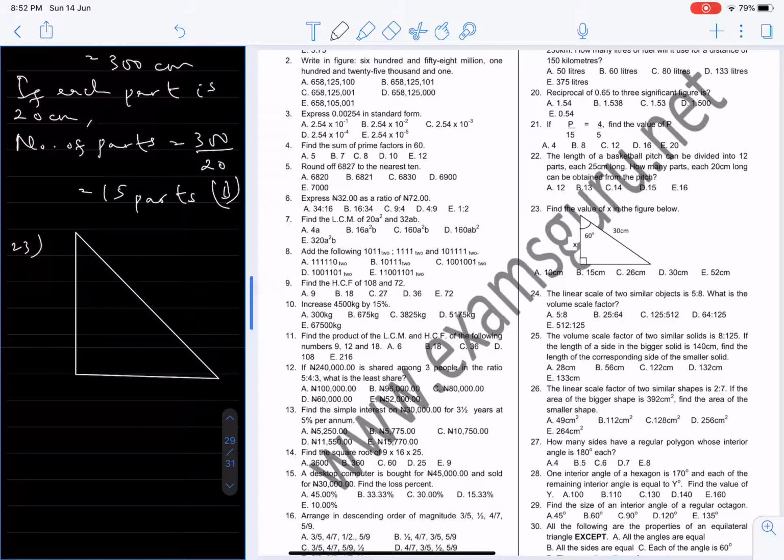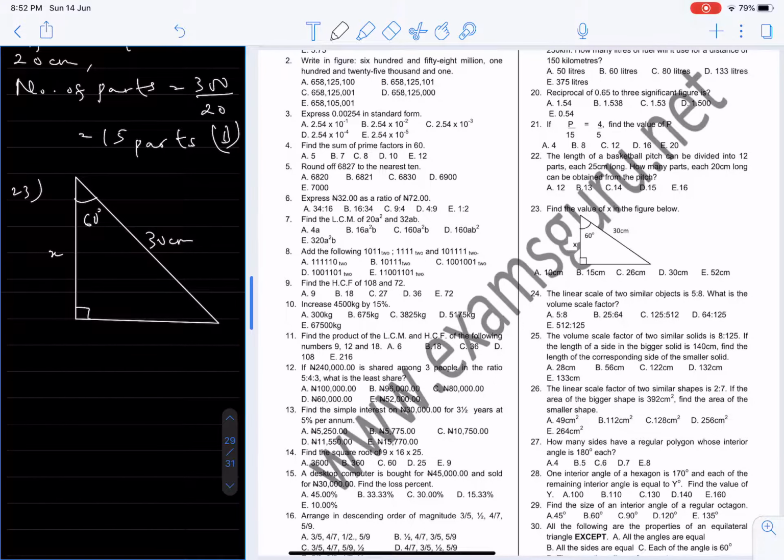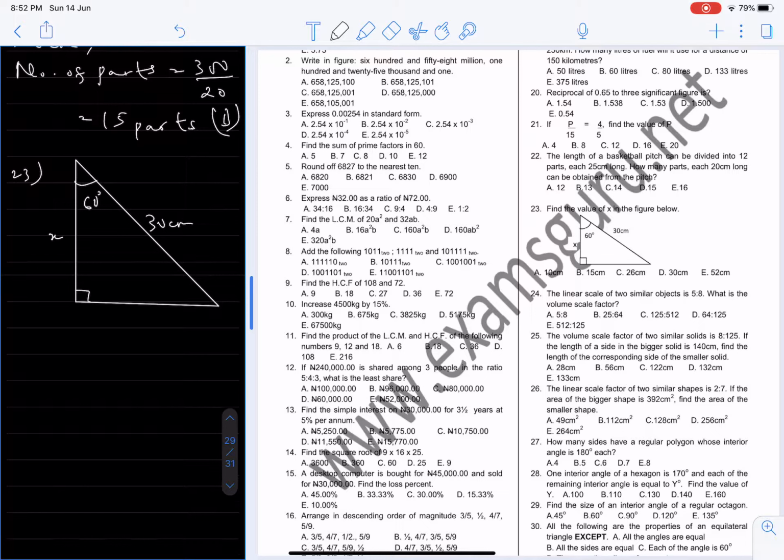This is x, the angle is 60 degrees, there's a right angle, and this side is 30 centimeters. How do you find x? What trig ratio relates what we are given? This is adjacent to the 60 degree angle, while this is the hypotenuse.